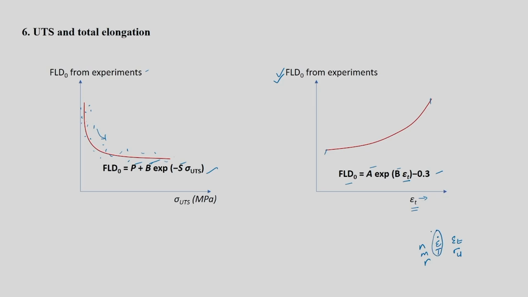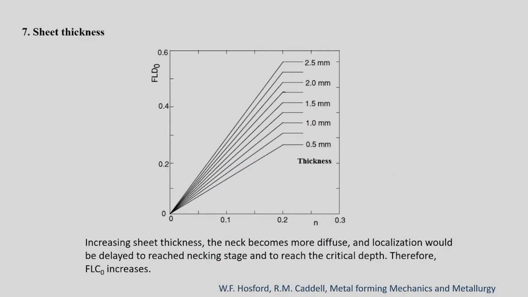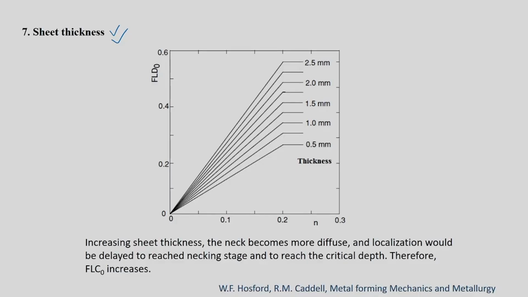But otherwise n, m, r, epsilon t, and sigma UTS are all material properties which will affect the forming limit curve in both the regions, positive minor strain, negative minor strain, or in FLD 0. Now sheet thickness is actually not a material property, rather it is more like a geometric property, and the sheet thickness is decided by the application.